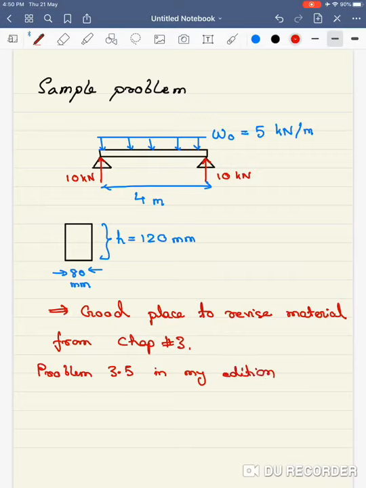Of course, in the book it doesn't give this part. It's in chapter 3, and it is only concerned with finding the bending moment diagrams and the shear force diagrams. So I just draw the diagrams here.